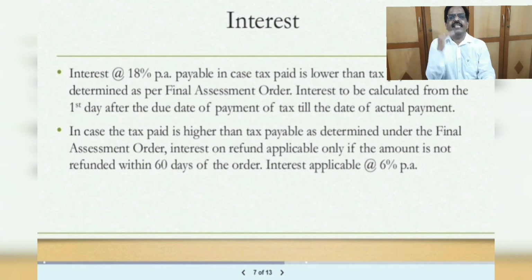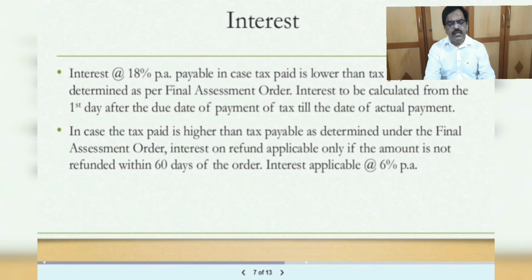Suppose we have paid extra tax after the assessment, after 60 days, if we are not getting the refund, then there is an interest provision for us also at the rate of 6%. This is called provisional assessment, my dear friend. We are requesting the department, and department does the process, and it determines the tax and we are paying it, and there ends the matter of provisional assessment.